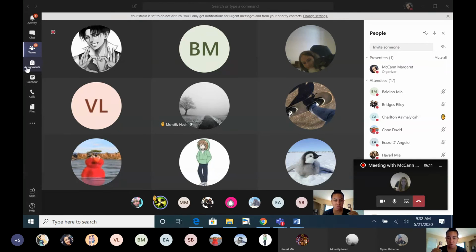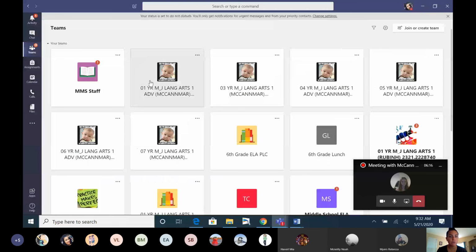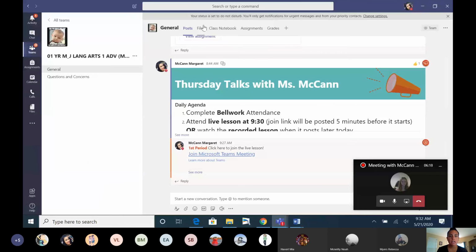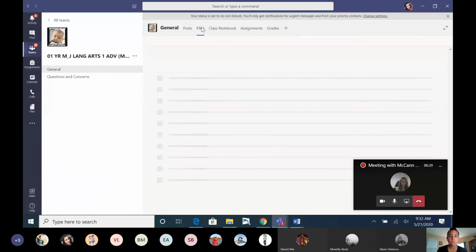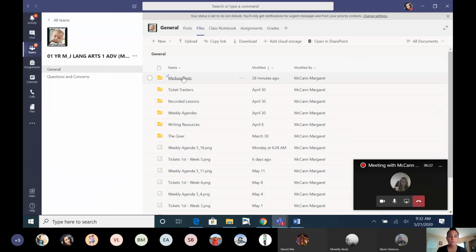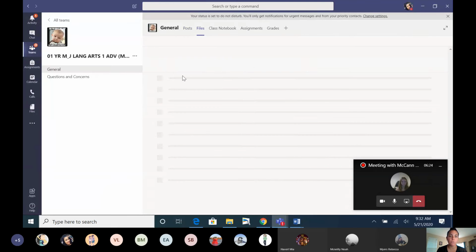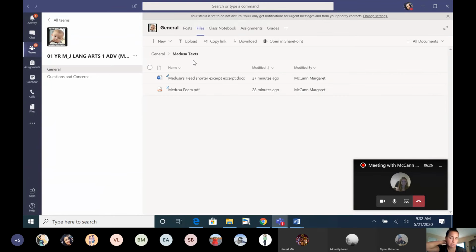You don't have to reread the whole thing, but I put them here. If you go into your class and you go into files, there's a folder that says Medusa text, and they're both right in there just to make it easy so you don't have to go back to those older assignments. You can just open them up right here, okay?